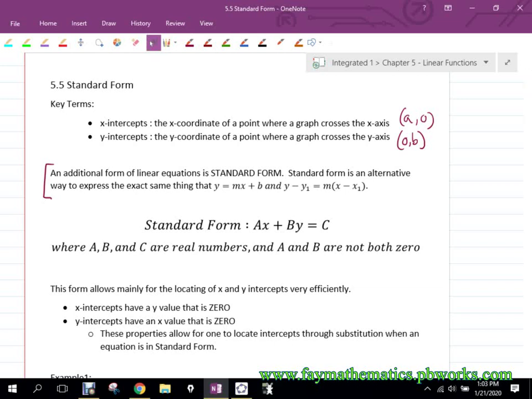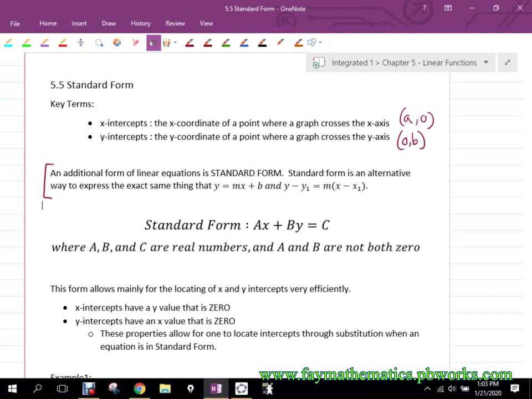Every y equals mx plus b equation can be written that way. Everything that's written that way can be transformed into y equals mx plus b. So we can move back and forth between the different formats. It just makes sense to be able to understand the format that they give me, how to read it, interpret it, and how to graph it.